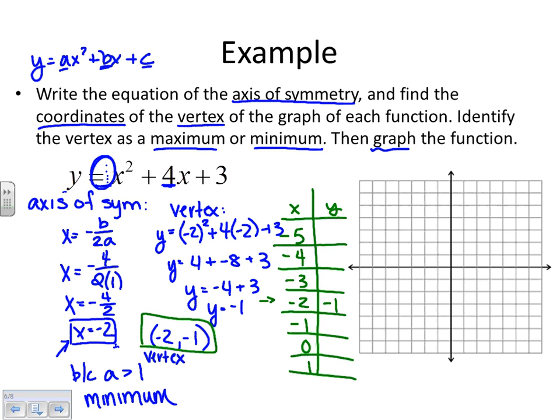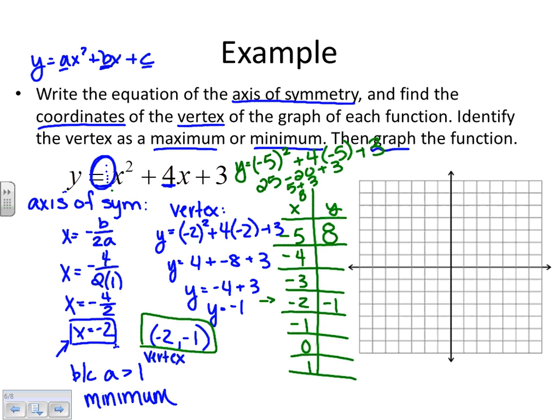Okay, so how would I do that? Well, I plug into my formula as y equals -5 squared plus 4 times -5 plus 3. -5 squared is 25 minus 20 plus 3. And 25 minus 20 is 5 plus 3, and that's 8. So 8 goes here.